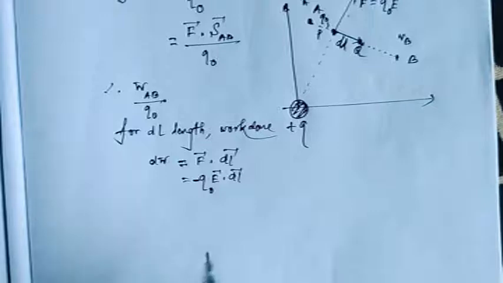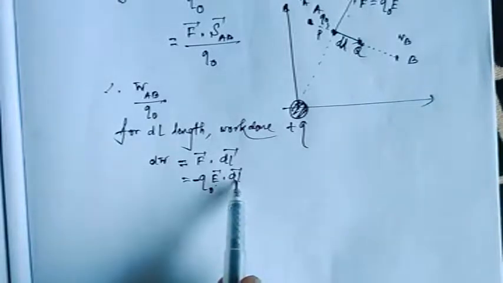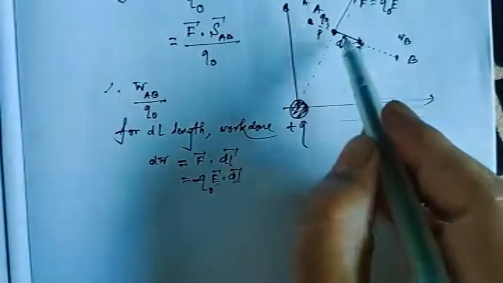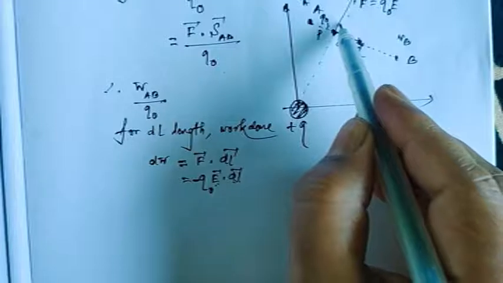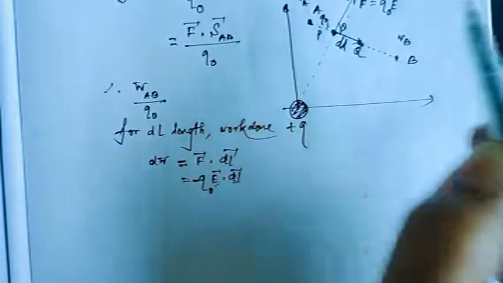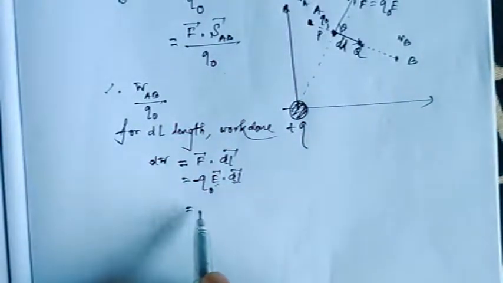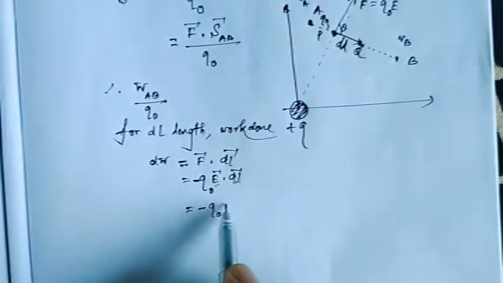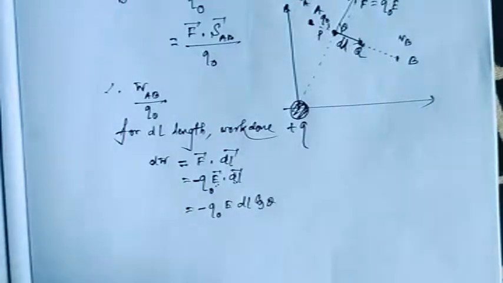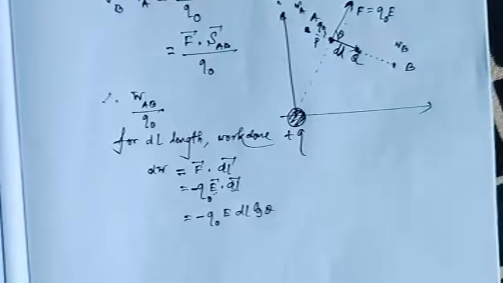Now what about this e dl? As it is e dl, we have to find out this angle. So let us assume this angle as theta. Therefore, minus q naught e dl cos theta.